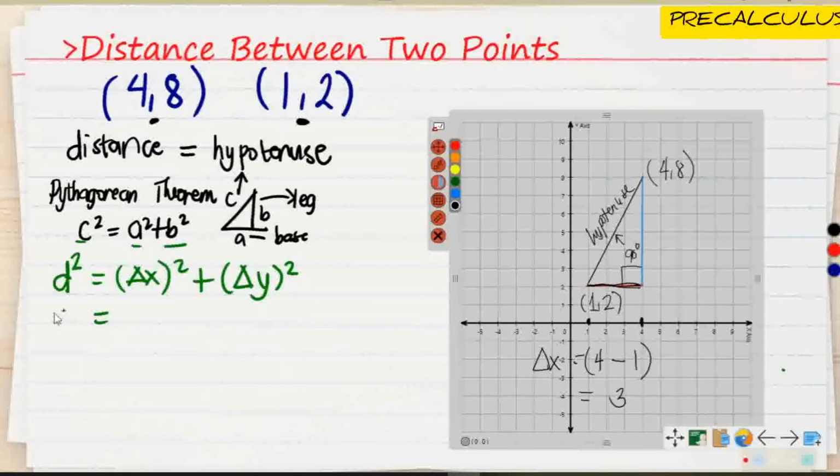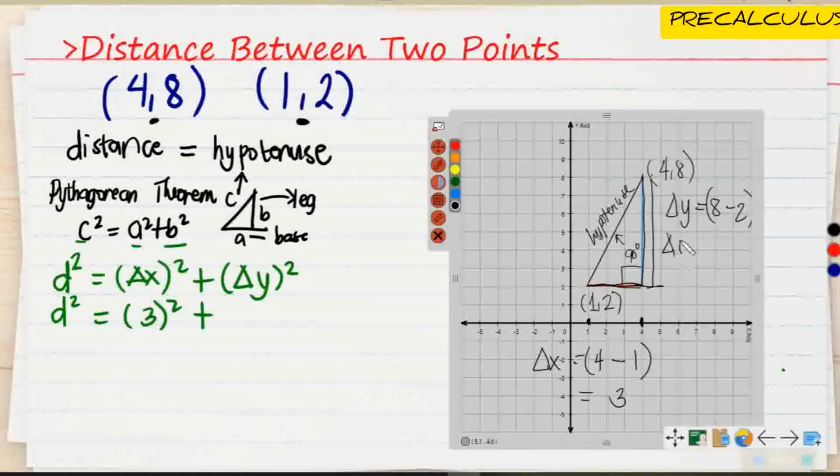So d squared is equal to the change of x, which is 3 squared, plus change of y naman natin, yung starting point minus the ending point. So ito yung change of y natin. So change of y is from 8 minus 2.